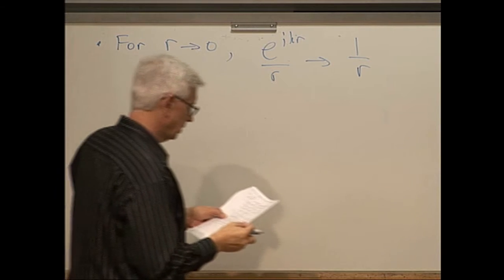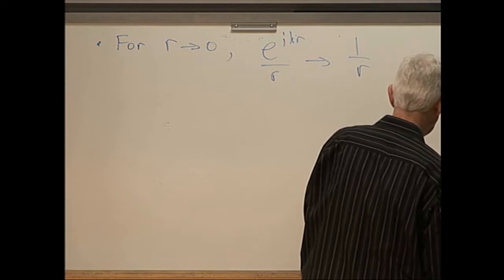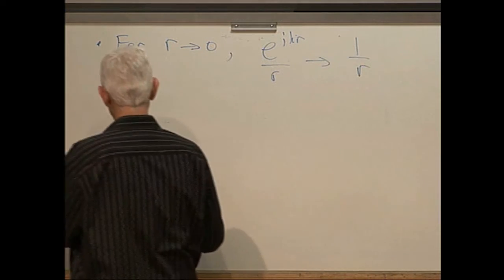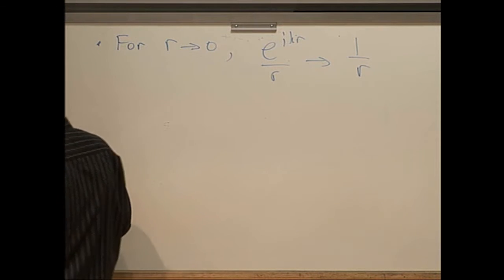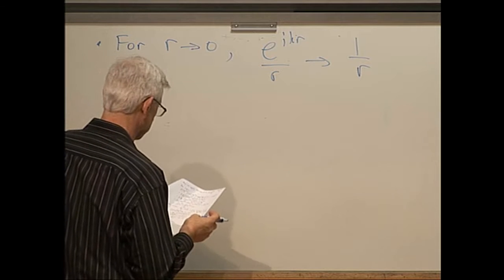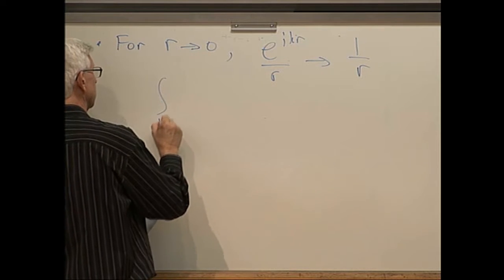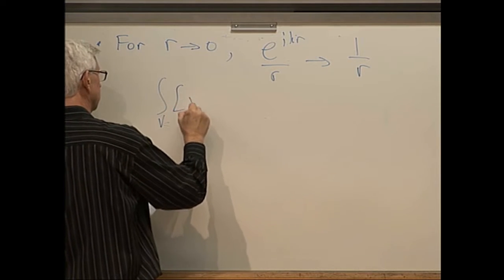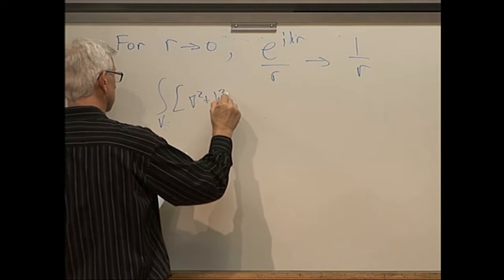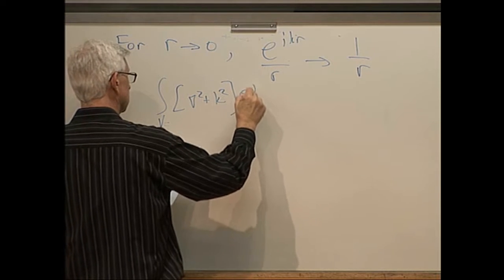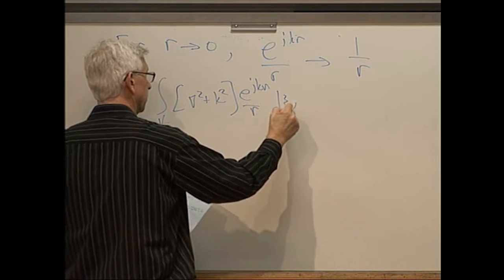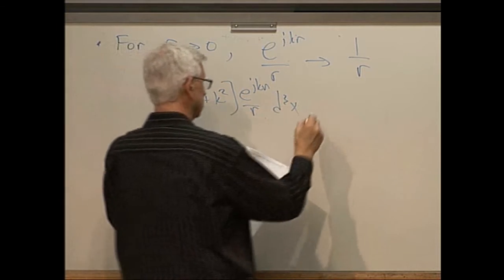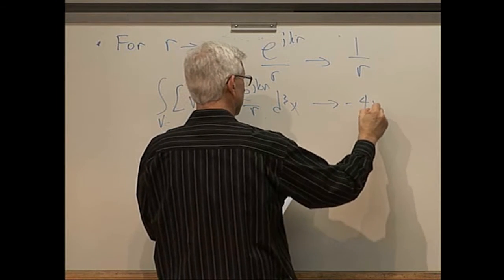And we can apply all of our analysis for 1 over r that we did on the other boards, where the integral over the volume of del squared plus k squared of e to the jkr over r goes to minus 4 pi.